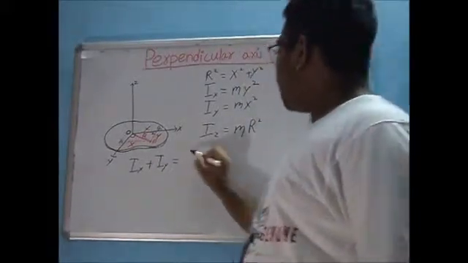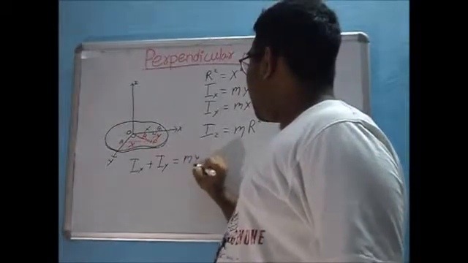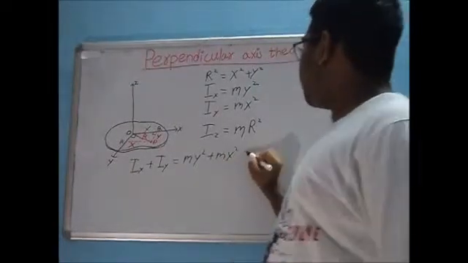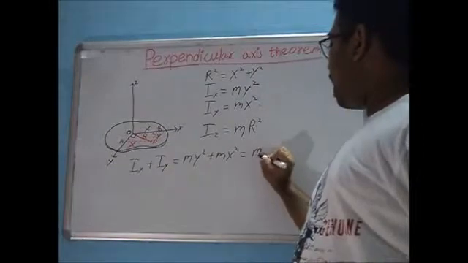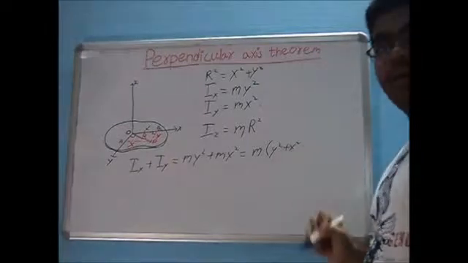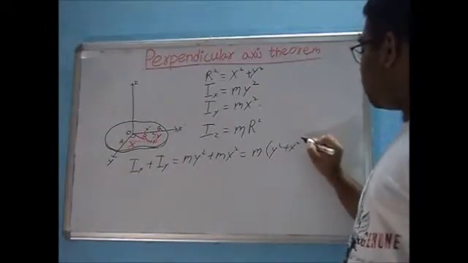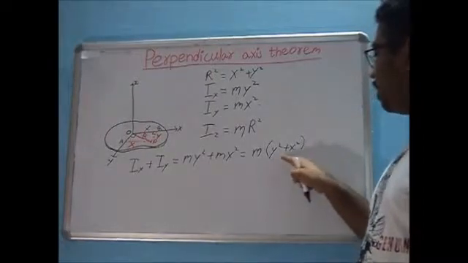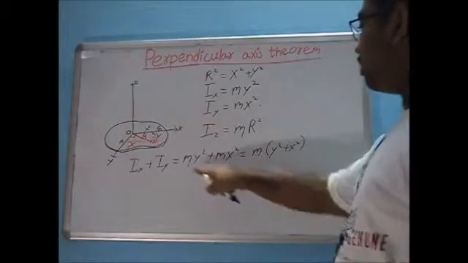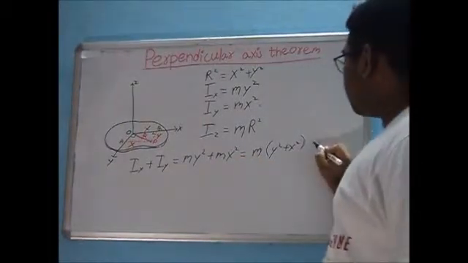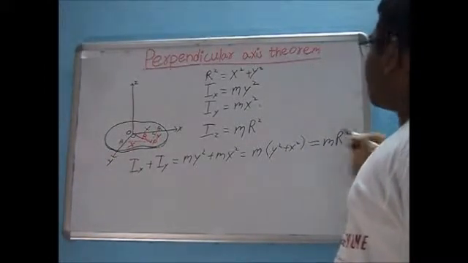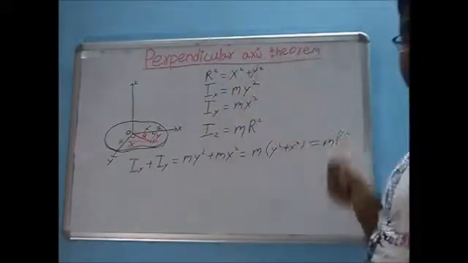Now adding the moments of inertia along the x-axis and y-axis would be equal to m y square plus m x square, which would be equal to m into y square plus x square, where we have taken m as common from the previous one. Now this would be equal to m r square, as r square is equal to x square plus y square.